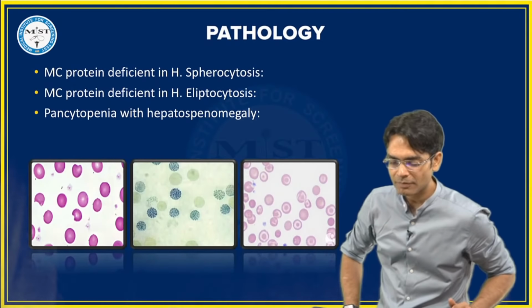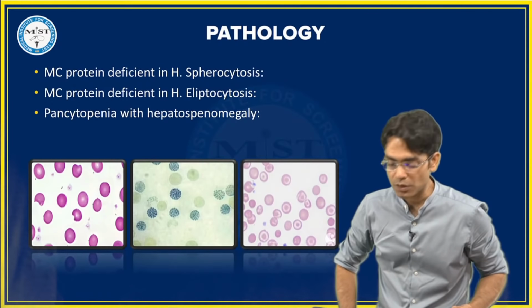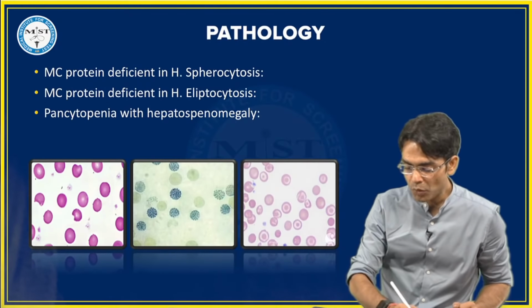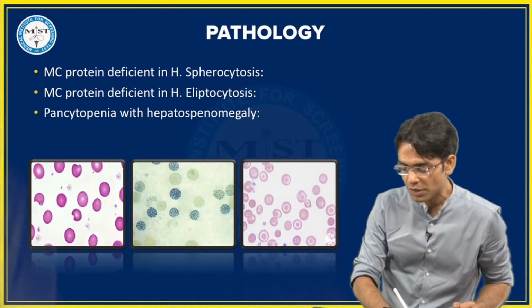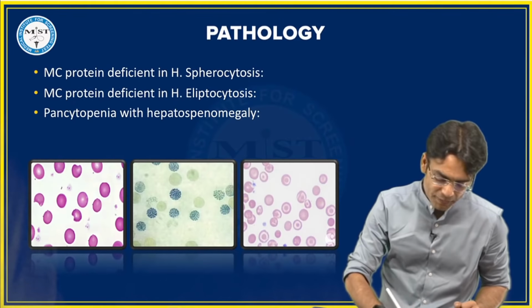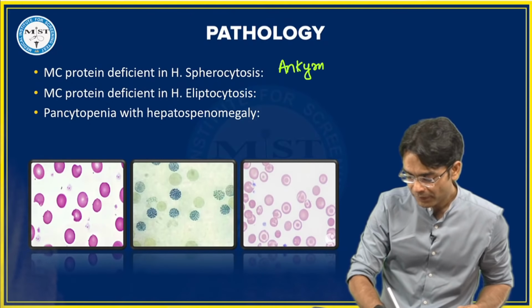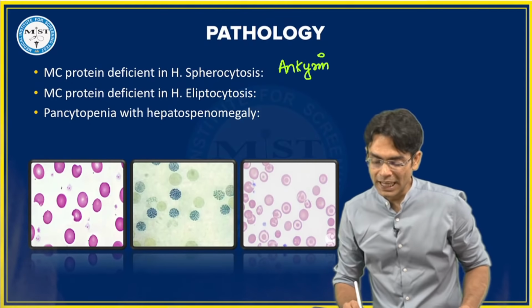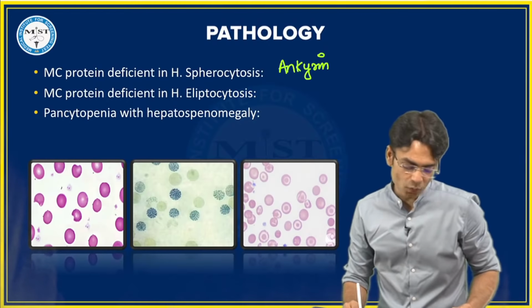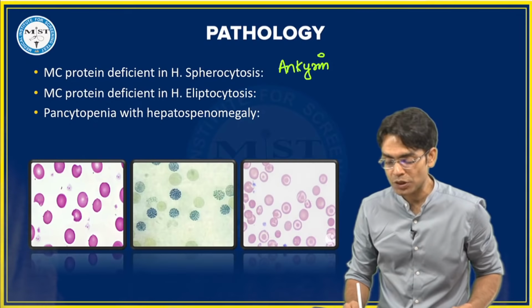Chaliye. Now, most common protein deficient in hereditary spherocytosis? Come on, guys. Yes, you are right. The most common protein deficient is ankyrin. And what is the most common protein deficient in hereditary elliptocytosis?